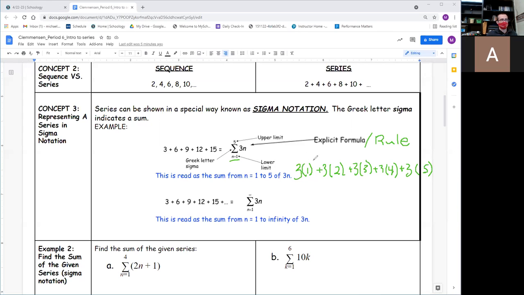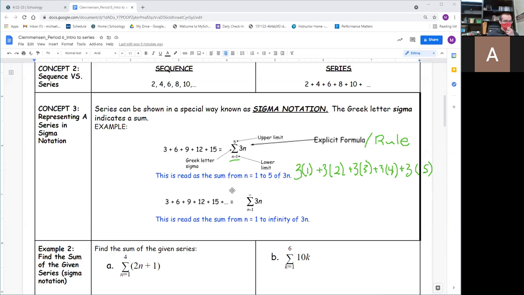Noticing that we're going up by 1 every time, all the way from my lower limit 1 up to my upper limit 5: 1, 2, 3, 4, 5. That's how we get our function right here.